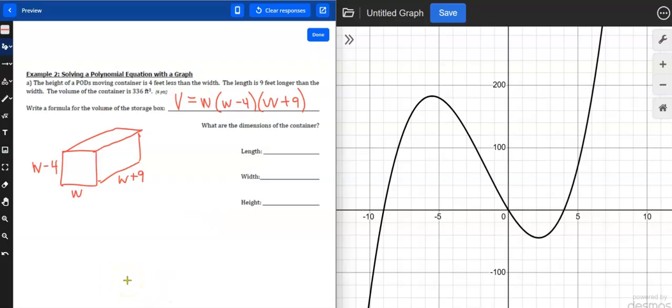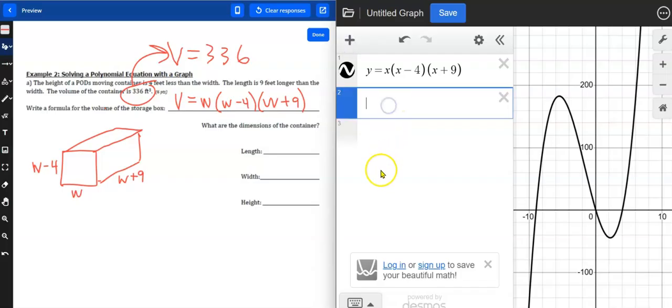So, what if I took that information and I made a separate equation? Volume equals 336. So now I could literally come here and say y, that's my volume, equals 336.